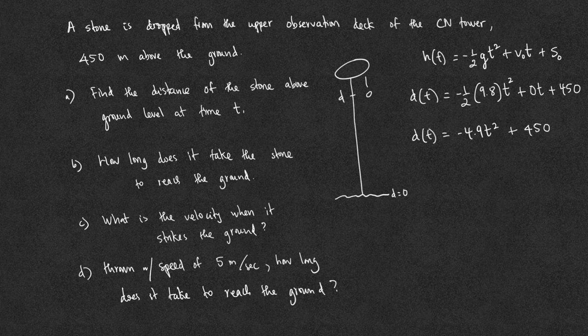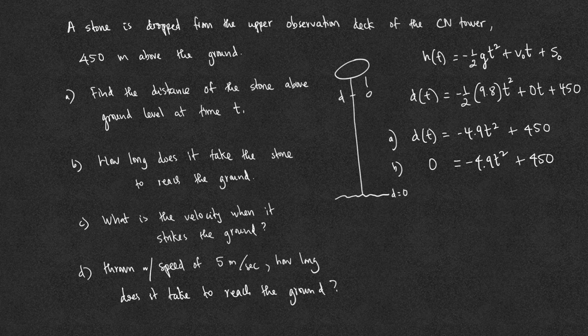any time t. How long does it take the stone to reach the ground? To reach the ground, the height would have to be 0, so we set the distance equal to 0. 0 equals negative 4.9 t squared plus 450. We don't want to factor this because it does not have integer coefficients.